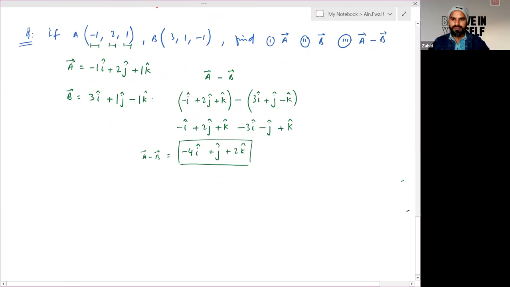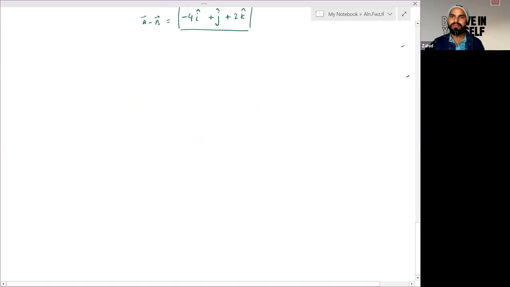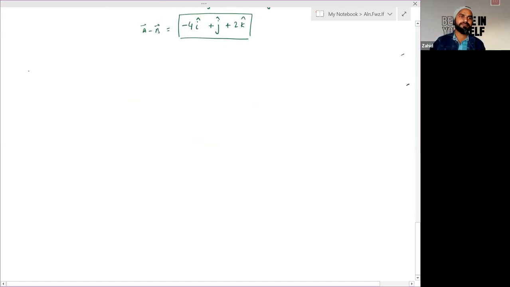Next, to define analytical way, I'm giving you some property of this vector. First is sliding of a vector.